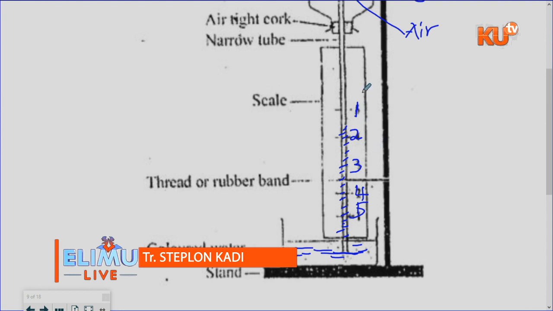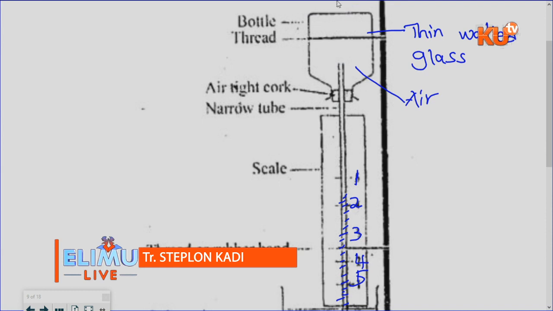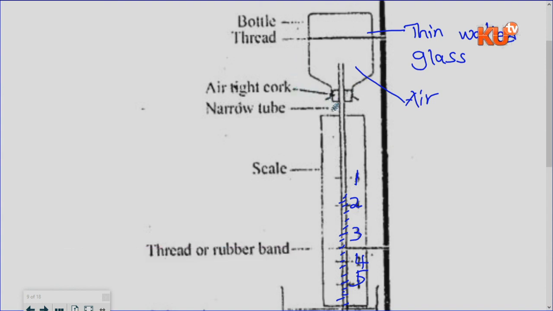So we look at the expansion and contraction of air. When the temperatures are high, air in the thin-walled glass bottle gets heated and expands, pushing the colored water downwards, therefore giving a higher reading on the scale. But the opposite is also true. When the temperatures are low, the air inside the glass bottle gets cooled.